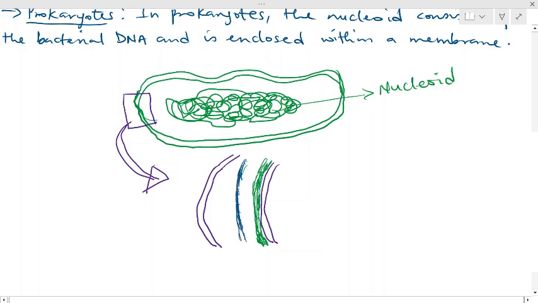I'm just using different colors to represent different segments of the membrane. In that case, this particular one here is too far apart, so you have this forming right here.